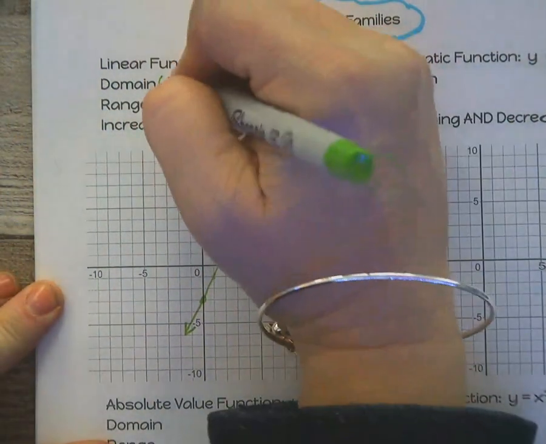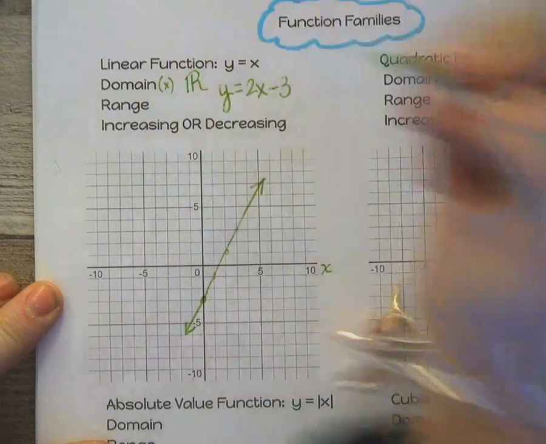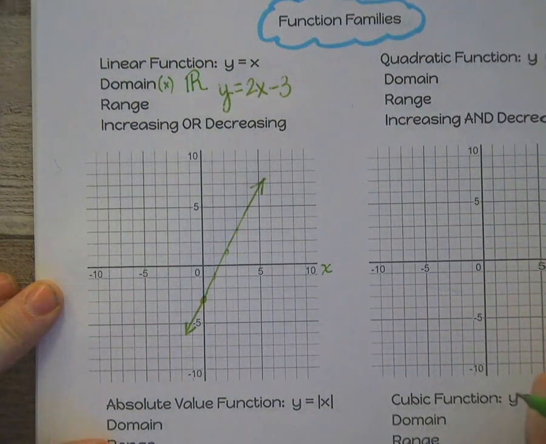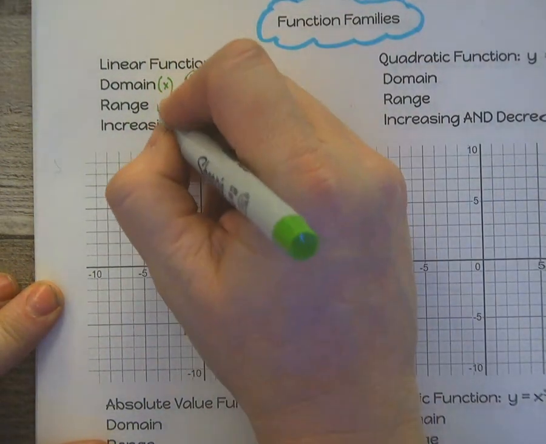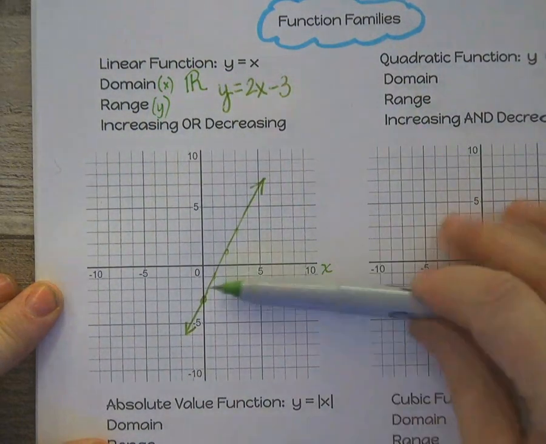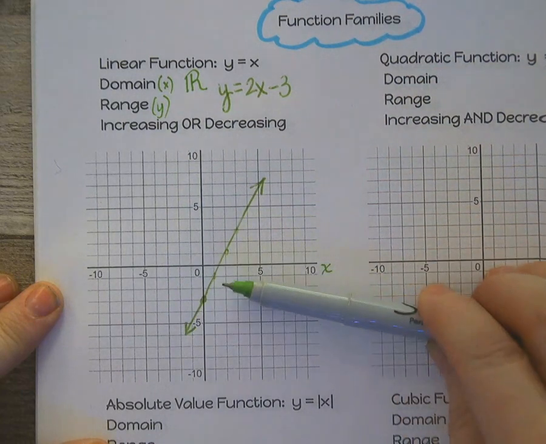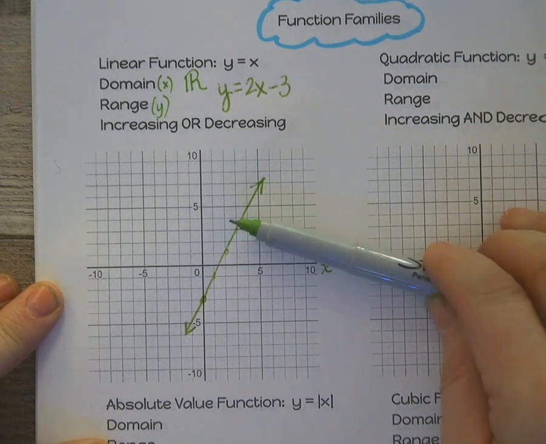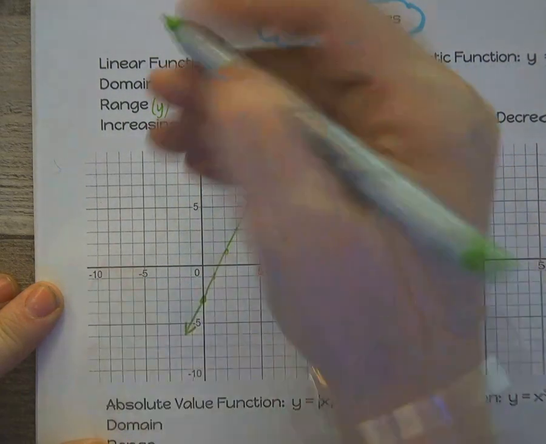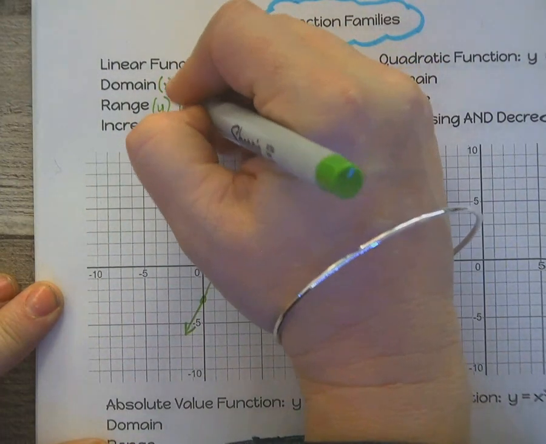So our domain is all real numbers. Our range, our y values: if we move a pencil horizontally up and down, this graph is forever going to go up to positive infinity, forever down to negative infinity. So our range is all real numbers.